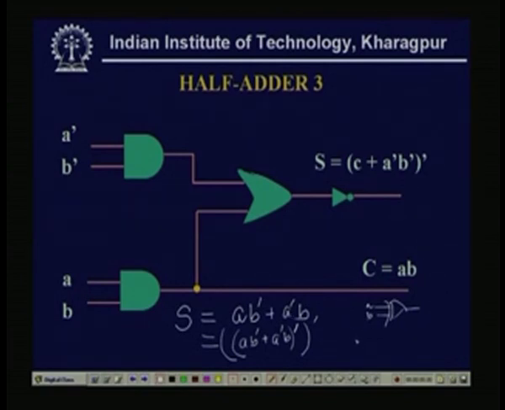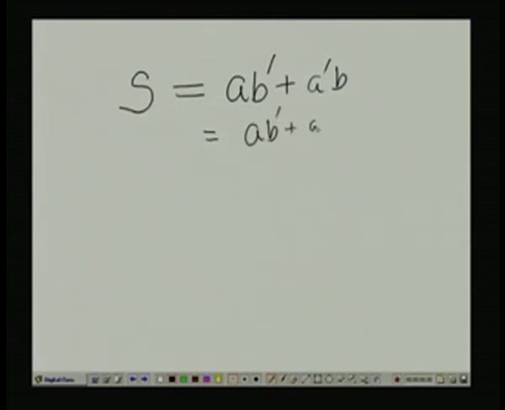We know that A equals A complement of complement, which means I have taken the complement twice. So, what will happen? My sum S is A B dash plus A dash B, and I can write this as the complement of the complement of A B dash plus A dash B.